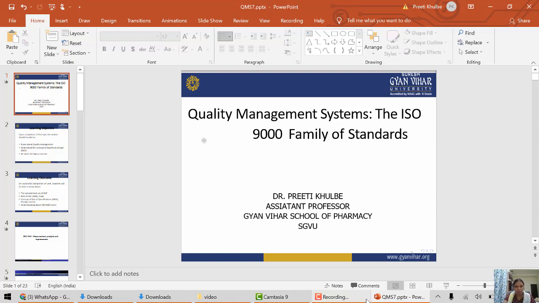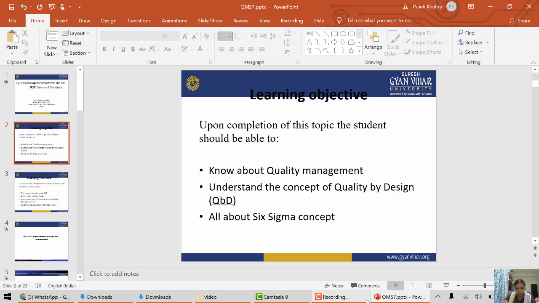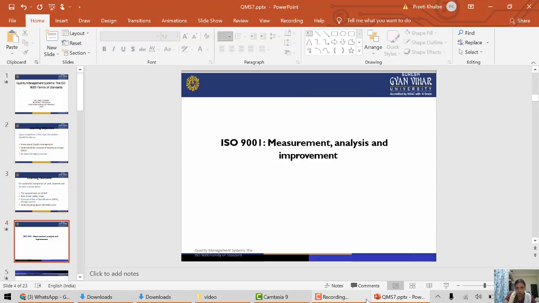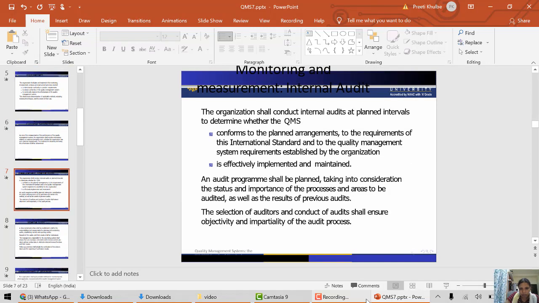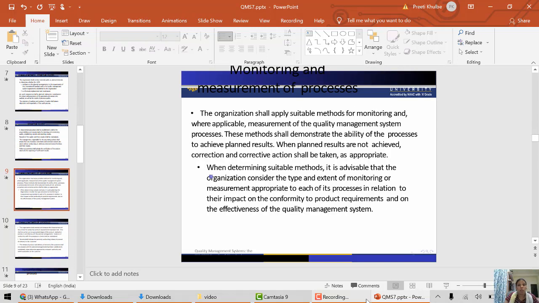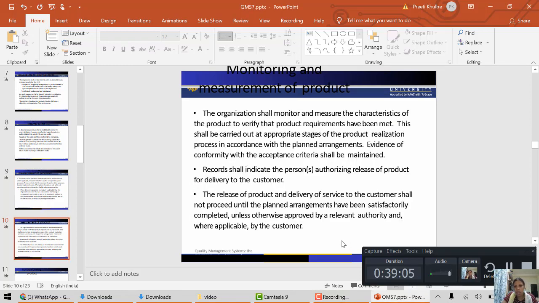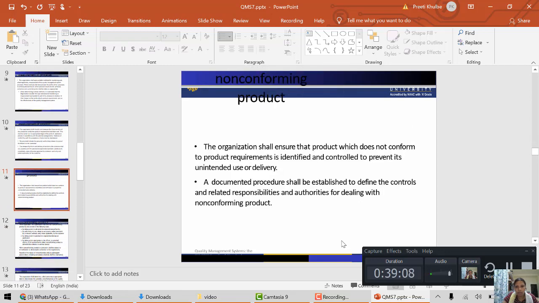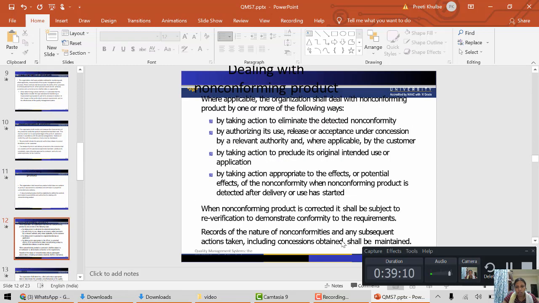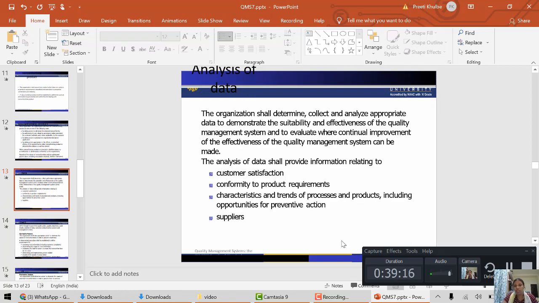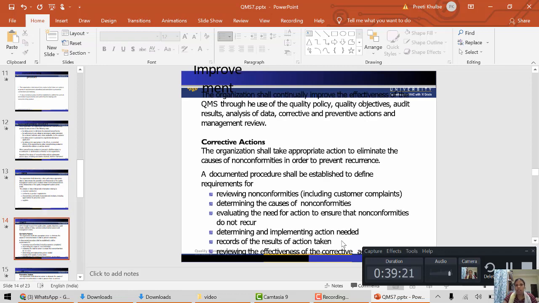Okay, so we have covered the quality management system aspects. We have also discussed in today's class the monitoring and measurement of process, monitoring and measurement of product, non-conforming product and how we can deal with it, analysis of data and how we can analyze the data, and the improvement program, like how we can take corrective actions.